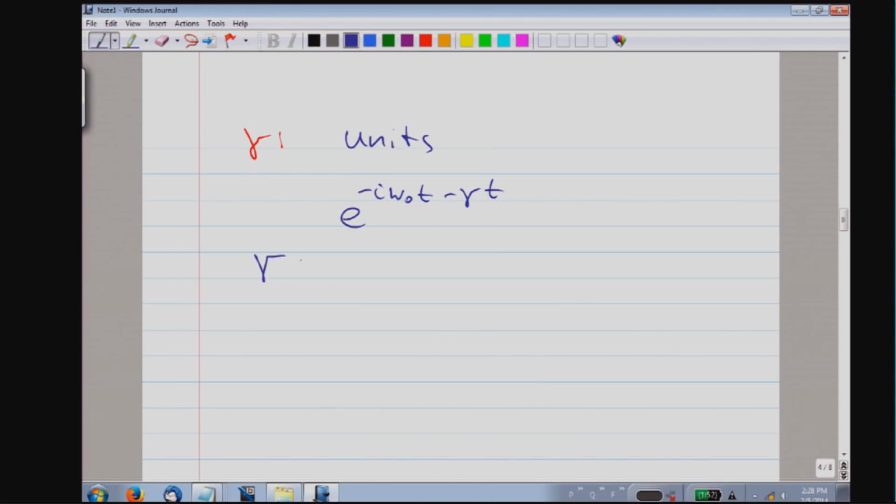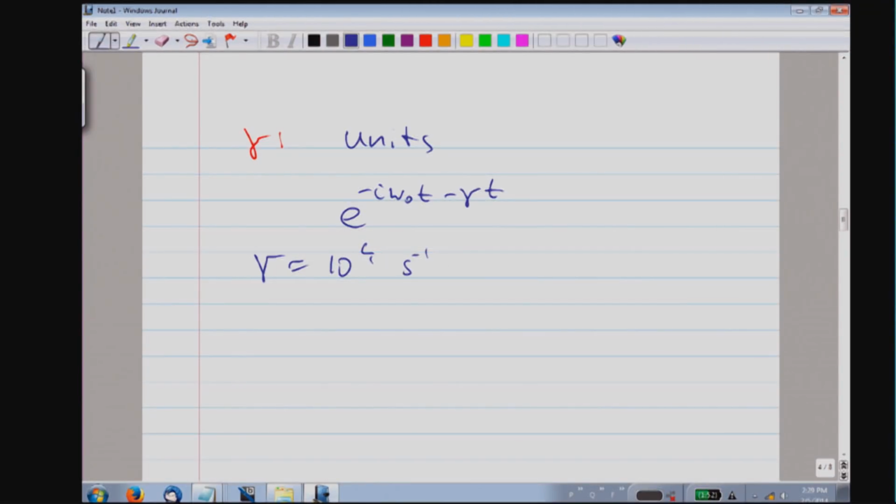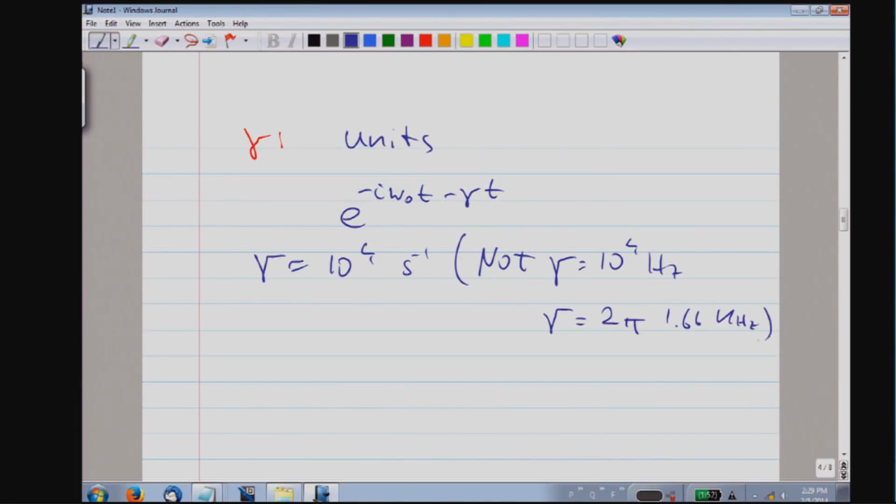So for instance, if gamma is 10 to the 4 per second, you should never say gamma is 10 to the 4 hertz, or you should also never say gamma is 2 pi times 1.66 kilohertz. That just doesn't make any sense.